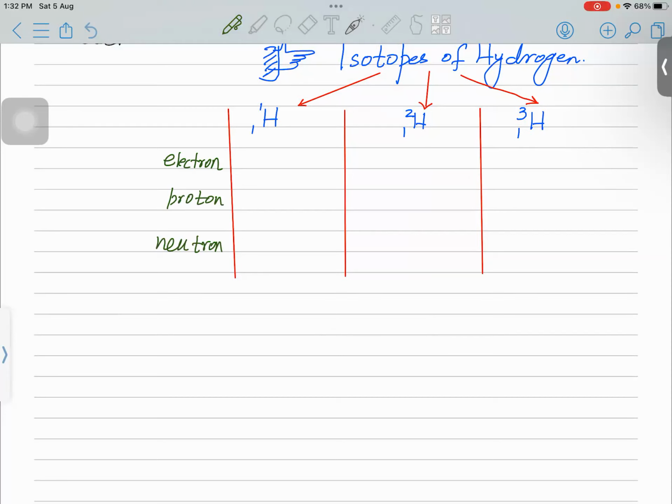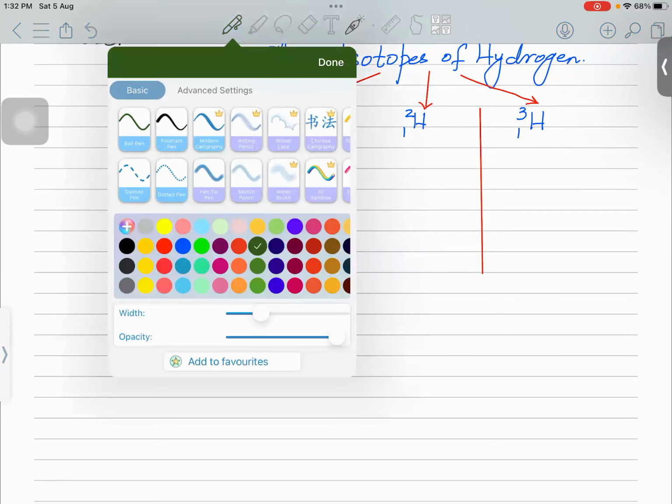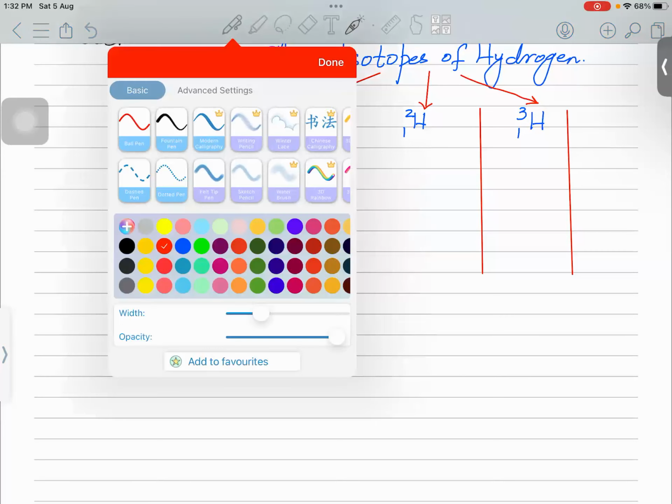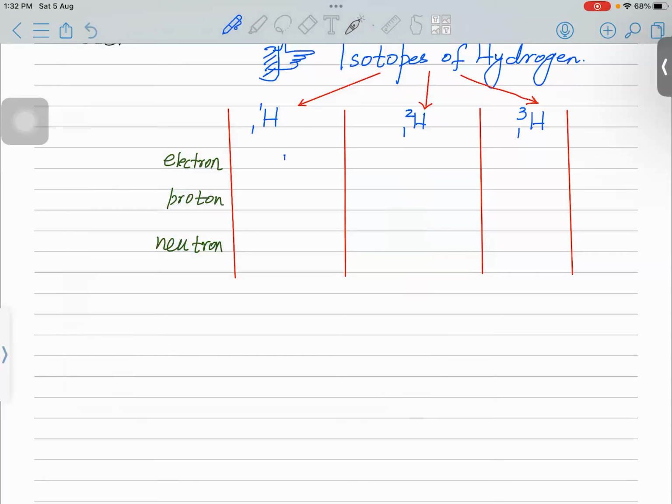Just tell me how many electrons, protons and neutrons in the first one. So one electron, one proton, and neutron is 1 minus 1, equal to 0.